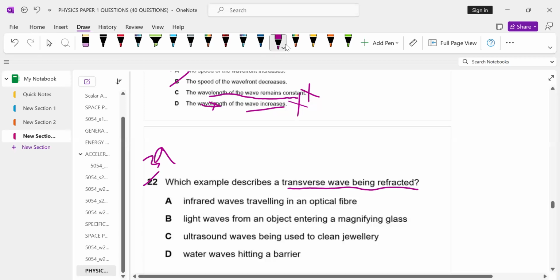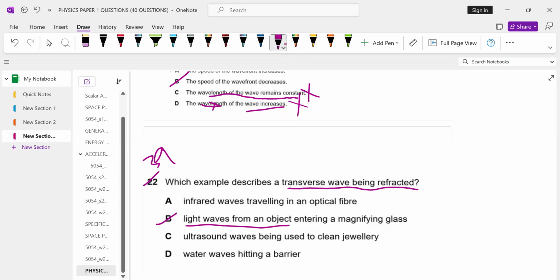The transverse waves are being refracted in option B, the light waves from an object entering a magnifying glass. So option B is correct for question number 39.